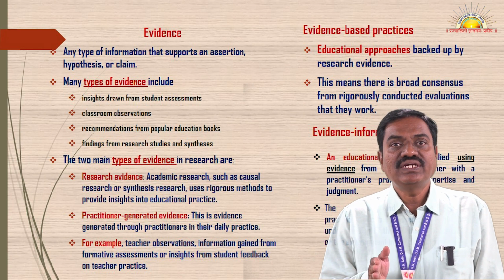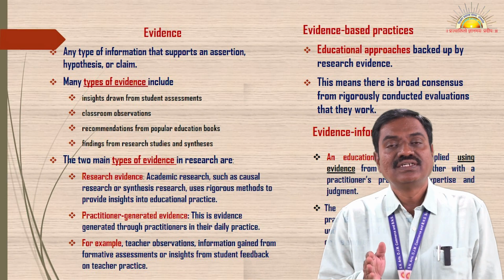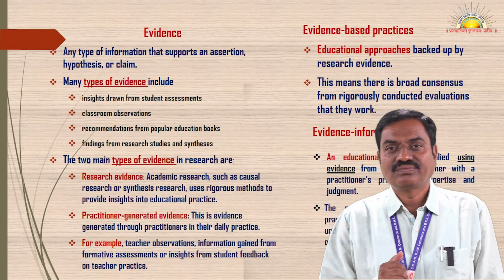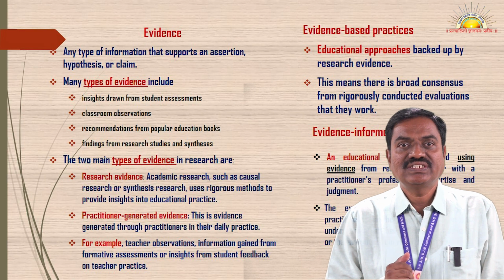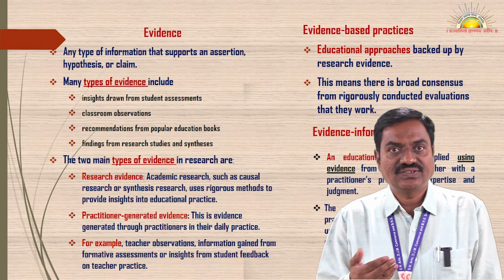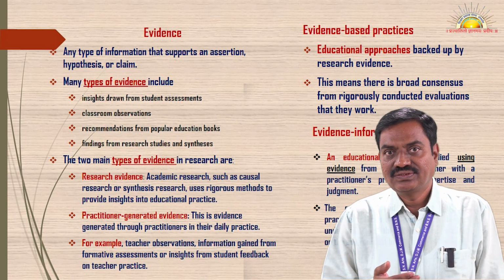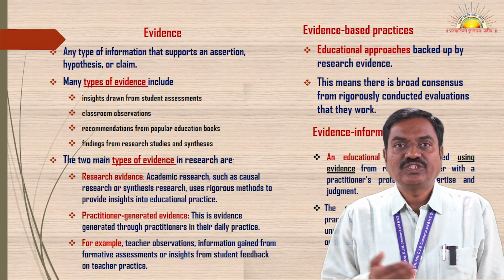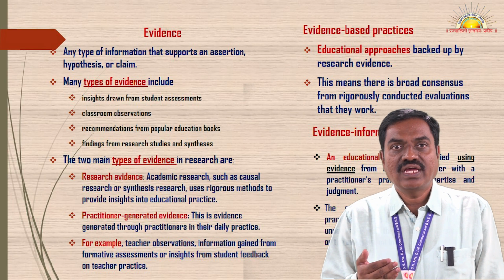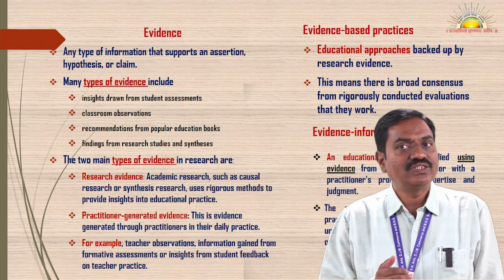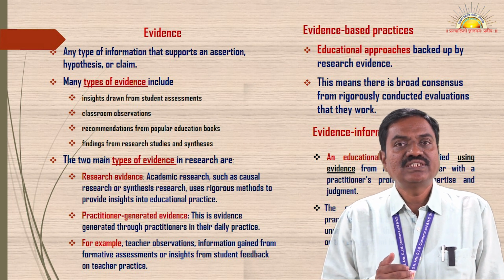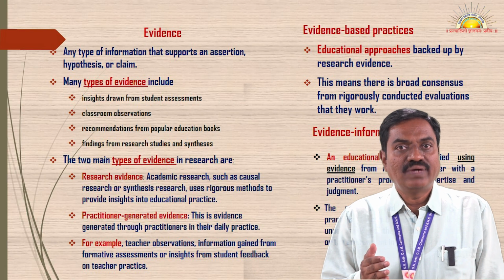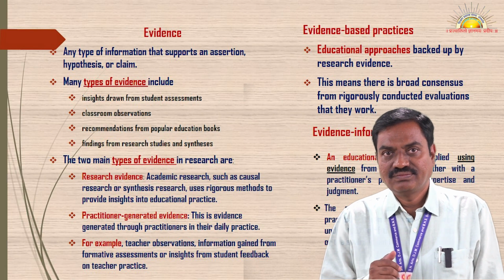The next type of evidence is practitioner generated evidence. This evidence is generated through practitioners in their daily practice, for example, teacher observations, information gained from formative assessments, or insights from student feedback or teacher practice.